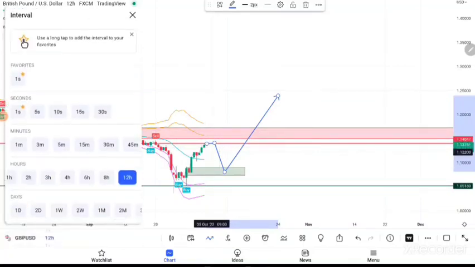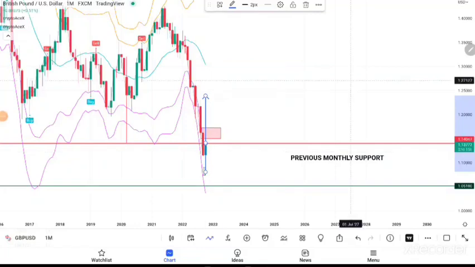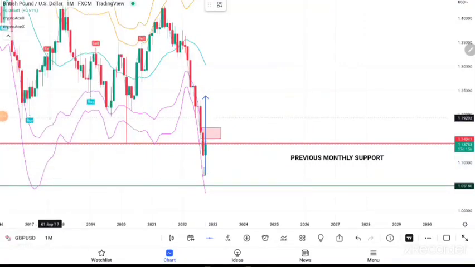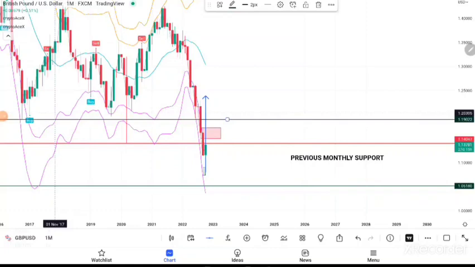You can see the long-term targets for this are the lows here, which were previous supports that we broke out through. That's around the 119 area.